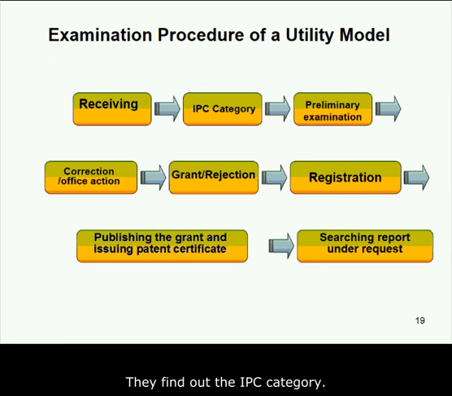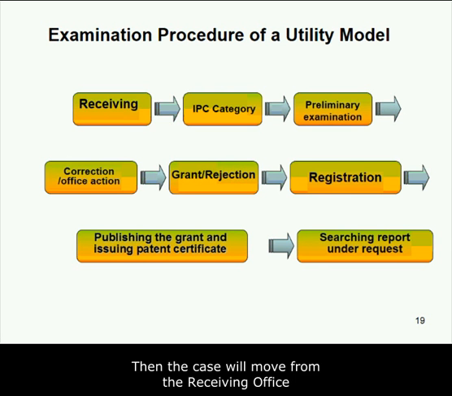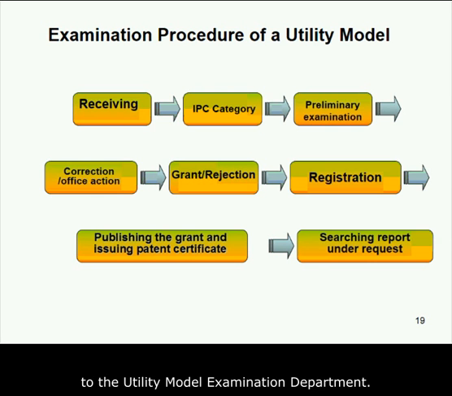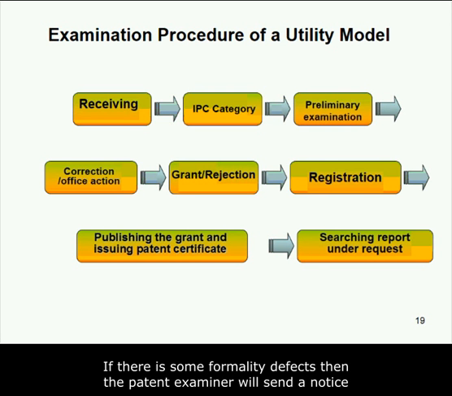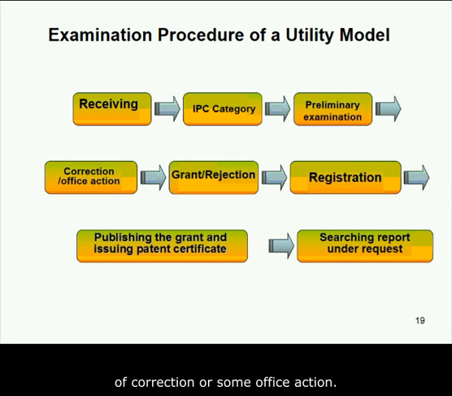Then the case will move from the receiving office to the utility model examination department. Then the patent examiner will do a preliminary examination. If there are some formality defects, then the patent examiner will send a notice of correction or some office action.